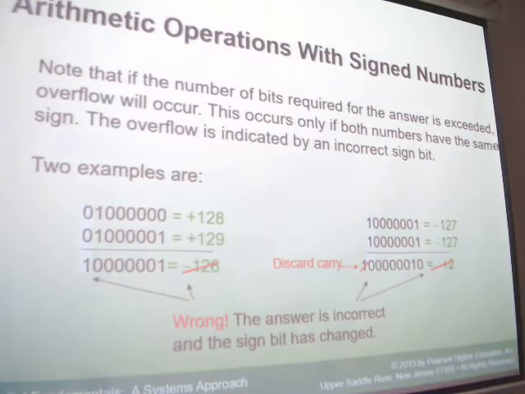We also cannot use minus 127 plus minus 127, because the result exceeds the minimum number of 8 bits.